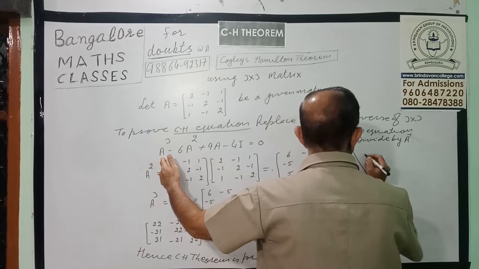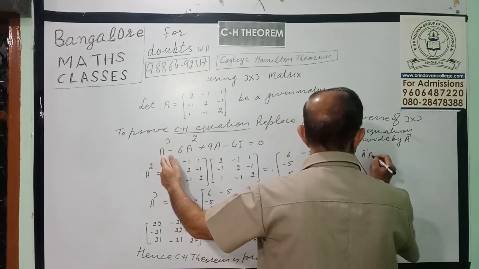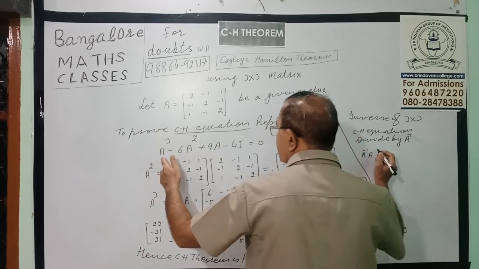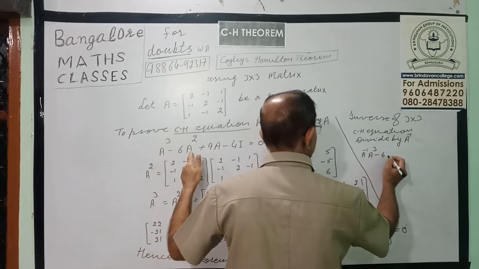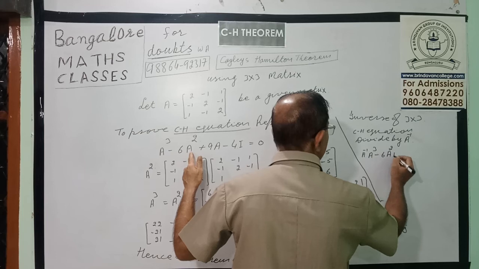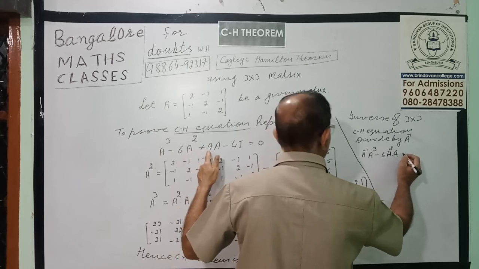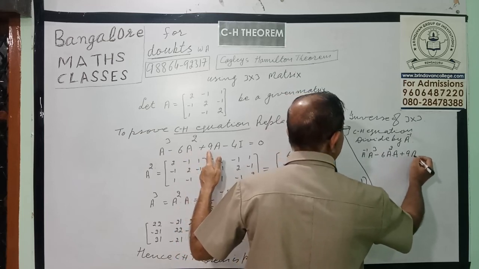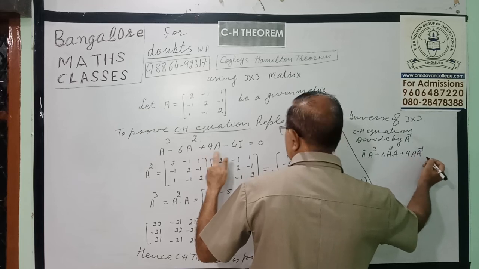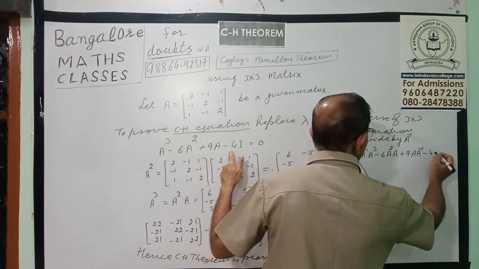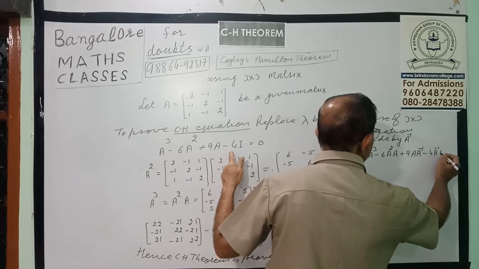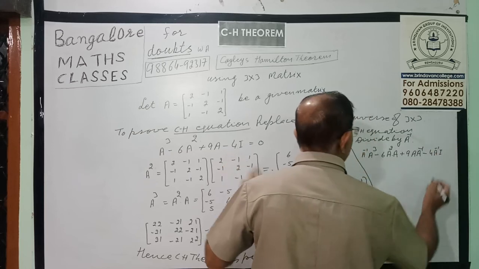So you will get A inverse A cube minus 6 A inverse A square plus 9 A inverse A minus 4 A inverse I equals 0.